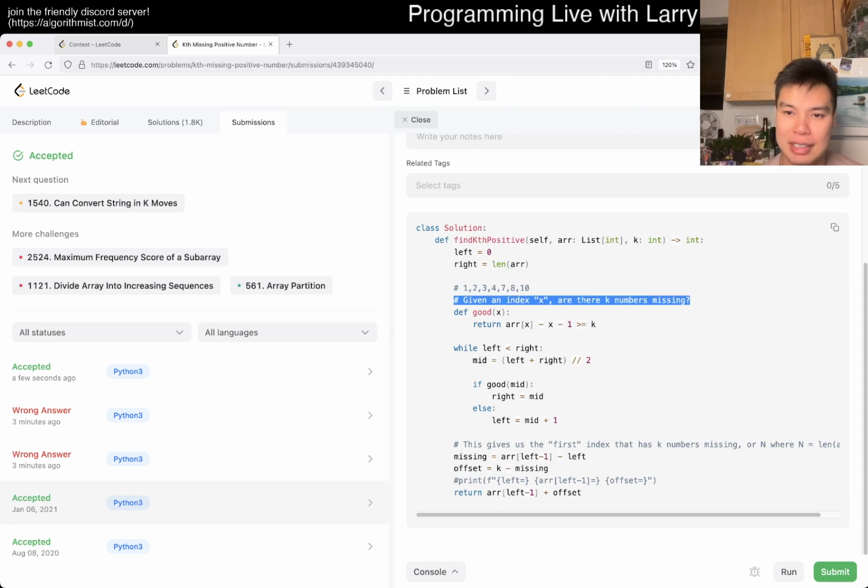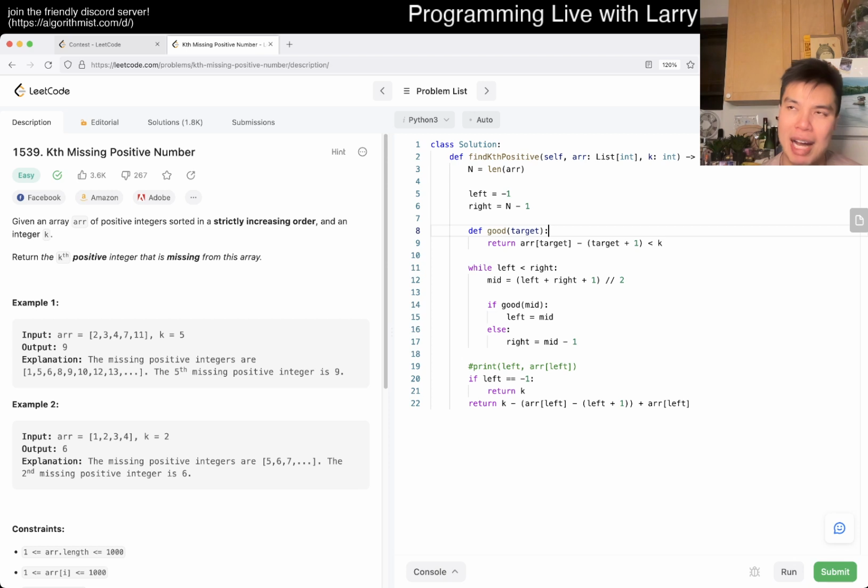This is asking how many numbers I'm missing, and here I'm asking what is the last number that is less than k exactly. But if you ask that question just slightly off, it can definitely lead to imprecision and off by ones, and that's kind of what I did. Hopefully this makes sense. Hopefully you learn from my mistakes.